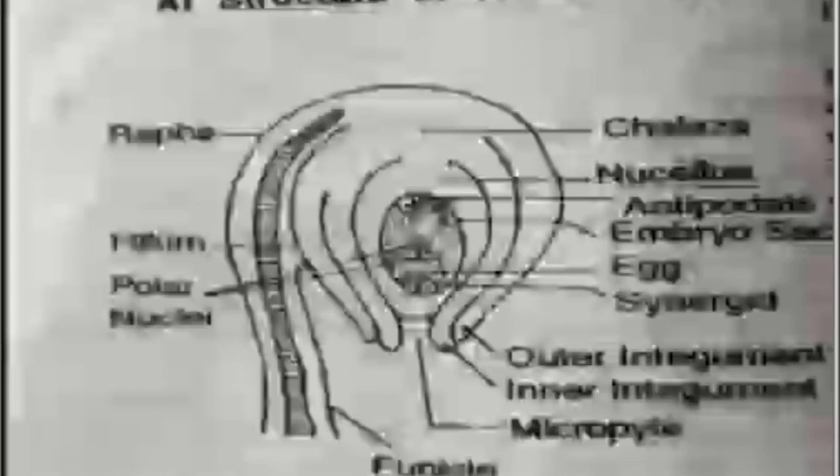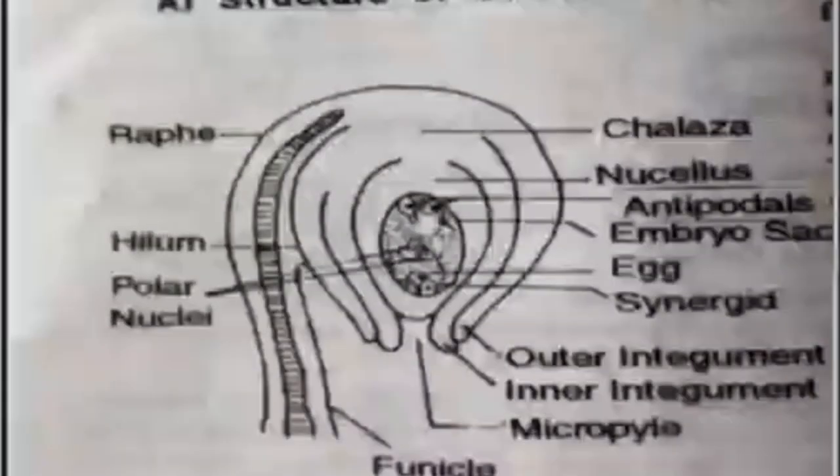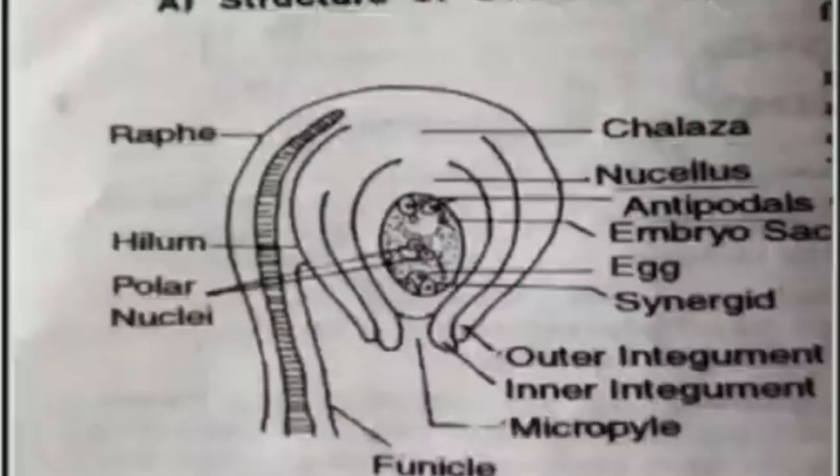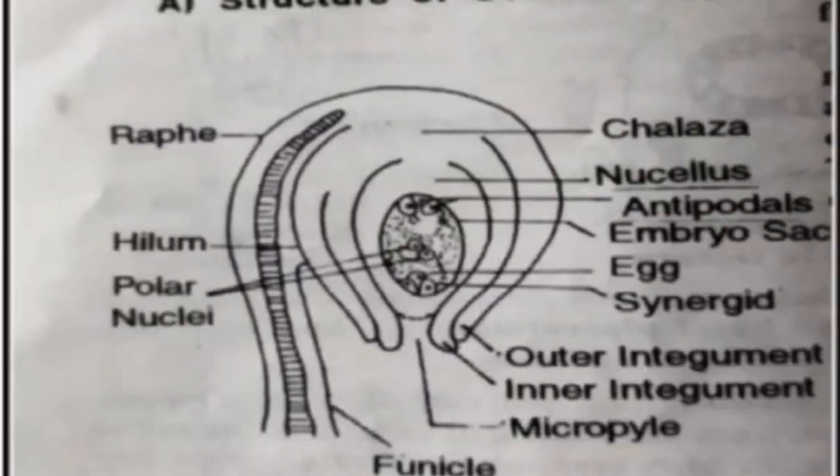It develops from the placental tissues. It is the structure which gives rise to the seed after fertilization. Means the ovules get converted into the seeds, and the ripened or mature ovary gets converted into the fruit, and the mature ovules get converted into the seeds after fertilization.